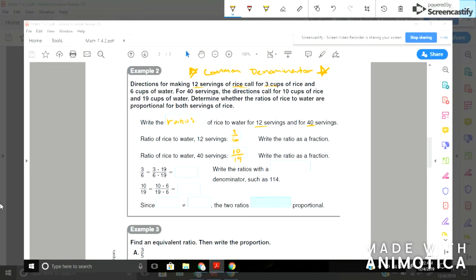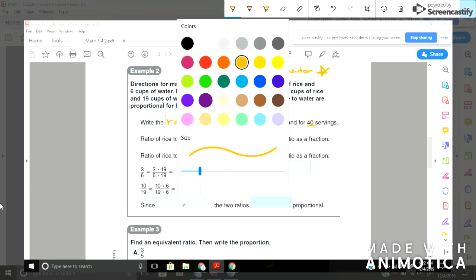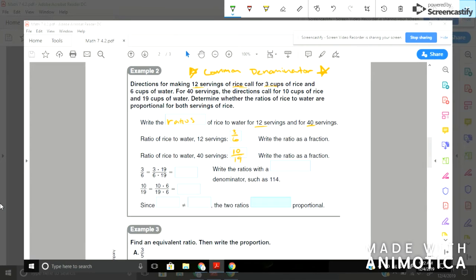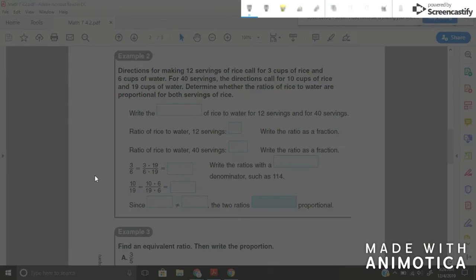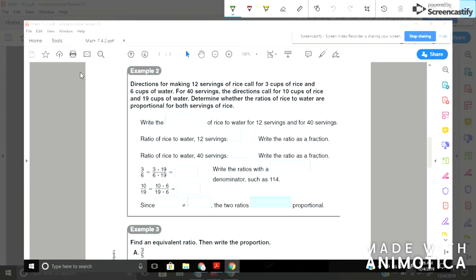All right. And what we're going to try to do is get a common denominator between 19 and 6. And it might not be obvious, but remember what you can always do is you can multiply this denominator by the other denominator. So I can multiply this by 19. All right, I'm back. And what I was saying was that you can multiply your denominators by each other.